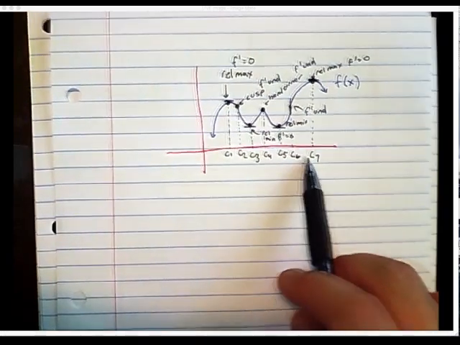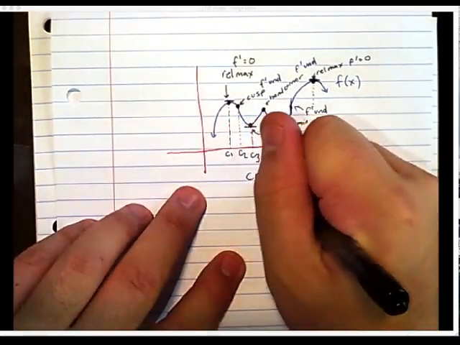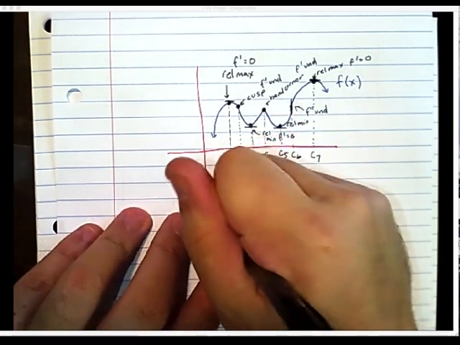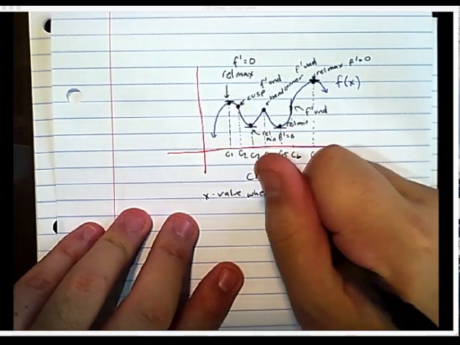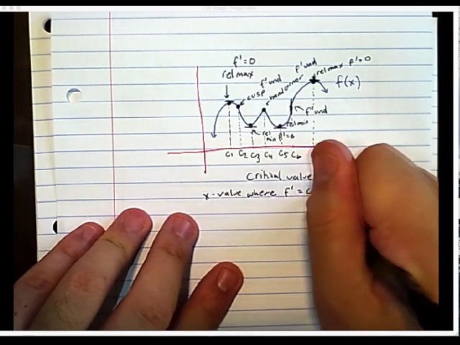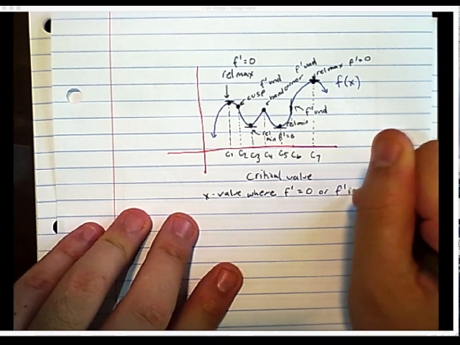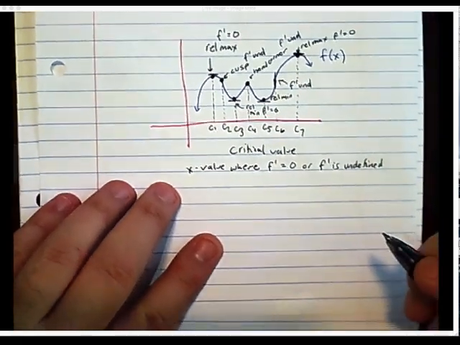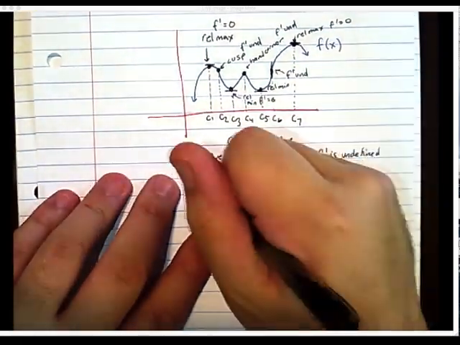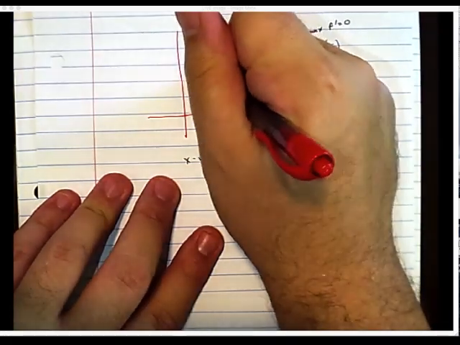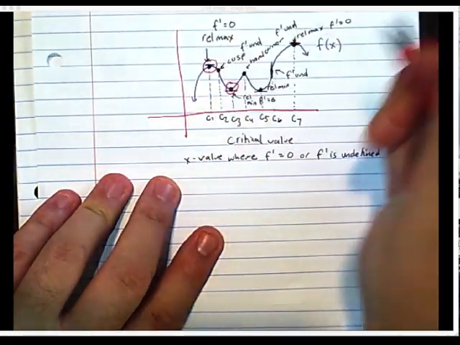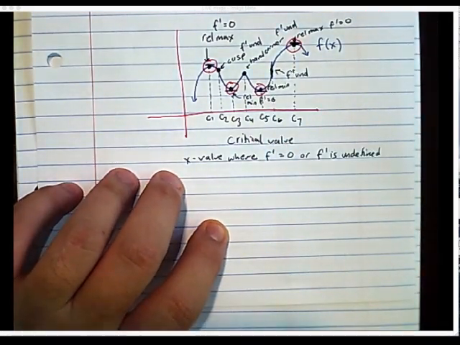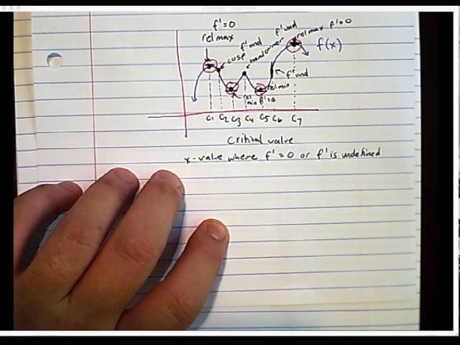So what's a critical value? A critical value is the x value where the derivative equals 0 or the derivative is undefined. And if we think about this point, this point, this point, and this point, all of those points I circled in red are actually relative maxes or mins.